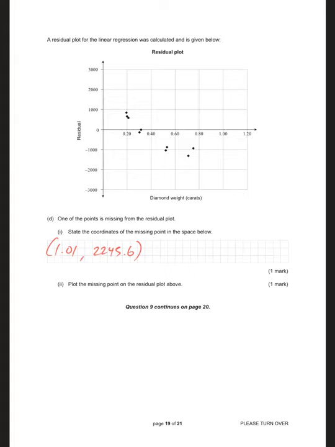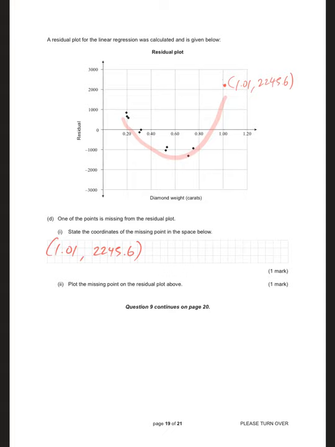A bit lower actually. 250 is going to be a quarter, so it's going to be slightly lower. So that one's going to be 1.01, 2245.6. Now the other thing to mention here is that with this residual plot, you can see a bit of a curved shape happening, so that gives us a bit of a strong argument.